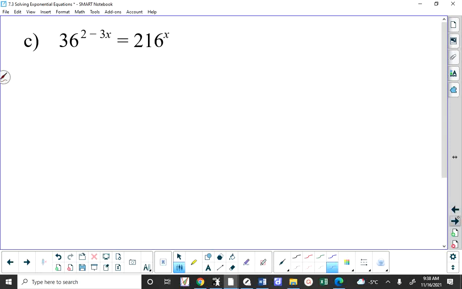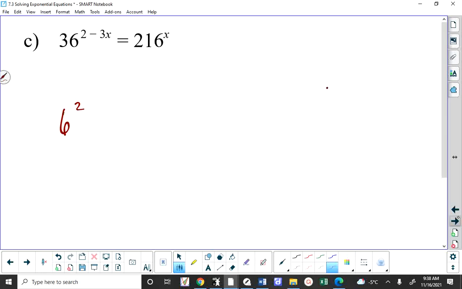Is 36 squared 216? If it is, then we can write 216 as 36 squared and have a common base. But it's not. So that means there must be another base smaller than 36 that they can both be written as. Well, the only way I can write 36 as a power would be to write it as 6 squared. That's the only way I can write 36 as a power, other than 36 to the 1.